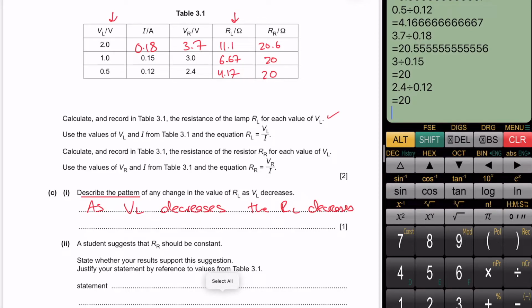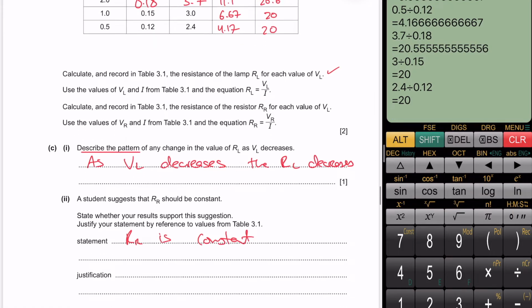So if we look at the statement and justification, we think, yeah, it is the same actually. RR is constant because if you look at the difference, you can even find the difference. 20.6 minus 20 divided by 20 into 100.